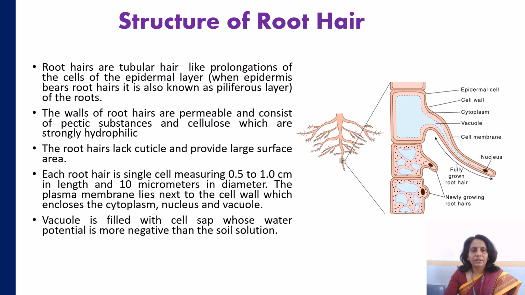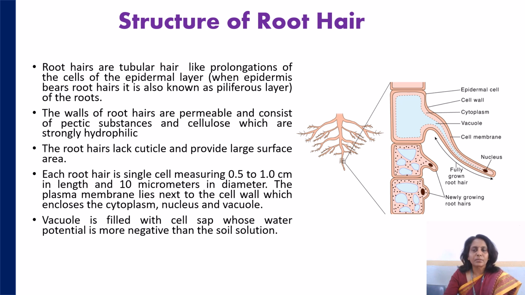Each root hair measures about 0.5 to 1 centimeters in length and 10 micrometers in diameter. The plasma membrane lies next to the cell wall and it encloses the cytoplasm.